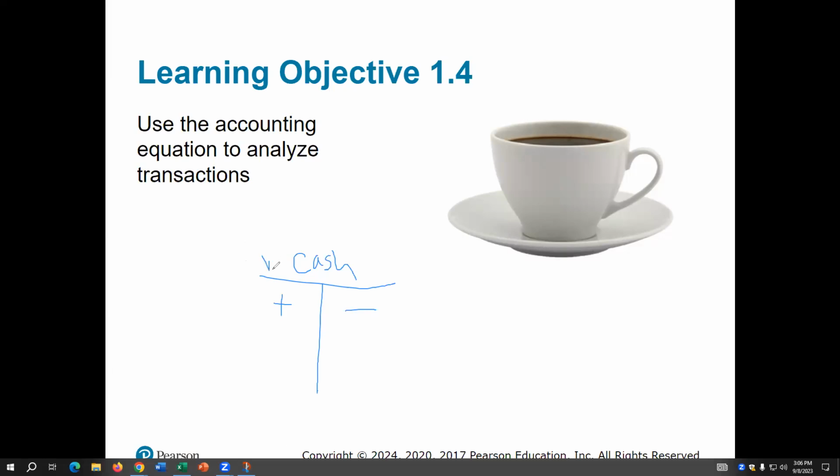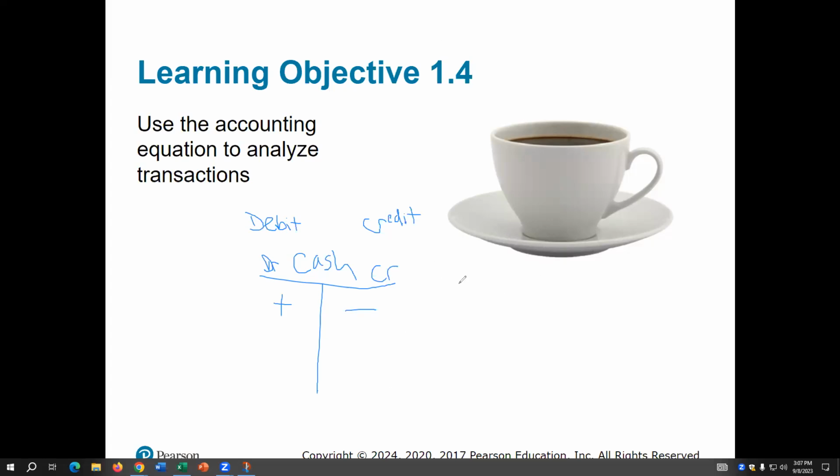The left-hand side is referred to as debits, abbreviated DR, D-E-B-I-T. The right-hand side is referred to as credits, C-R-E-D-I-T, abbreviated CR. Now, all assets will increase by making a debit on the left, or decrease by making a credit on the right. Here's where it gets fun and makes people angry sometimes.